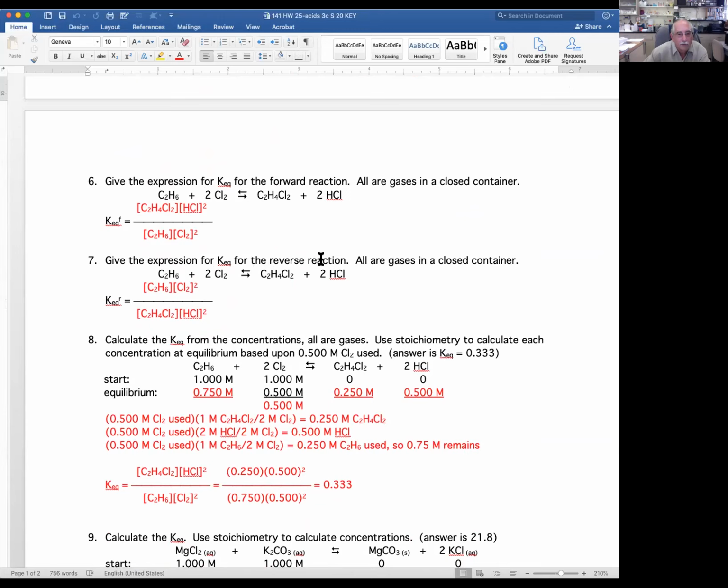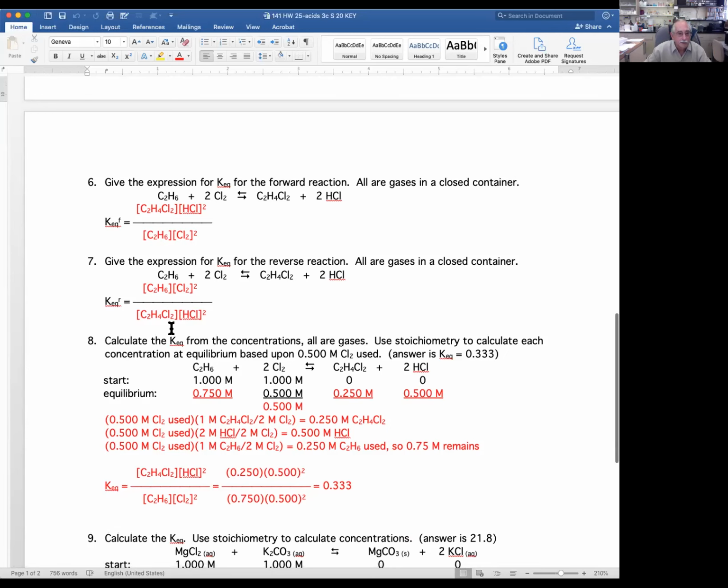If we're going for the reverse direction, then the definitions of reactants and products are now the opposite. We're going in that direction, so these are the products and these are the reactants. We do the same thing, don't we? And another thing that I was trying to emphasize is that these should be the inverse of each other, because the definition of reactants and products are just switched.